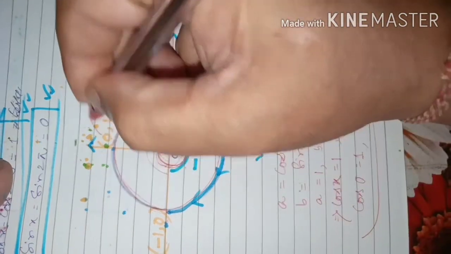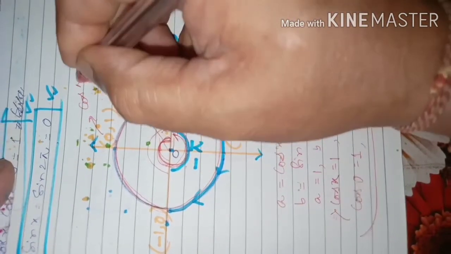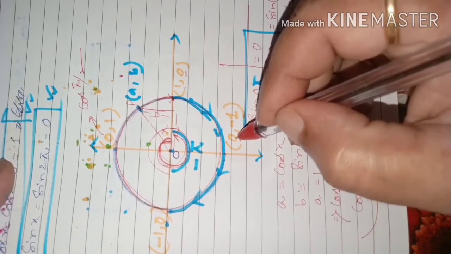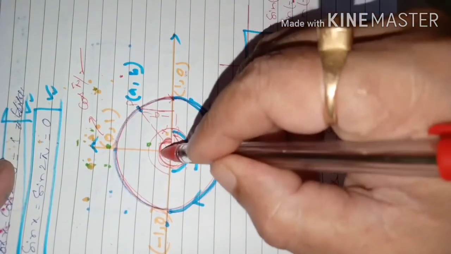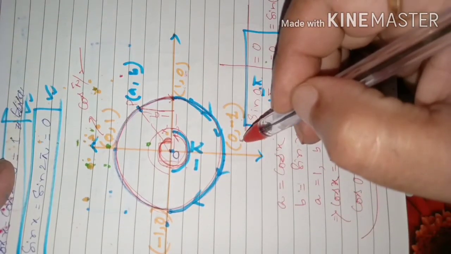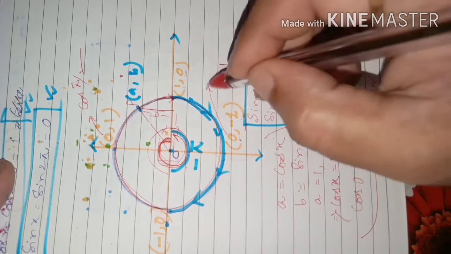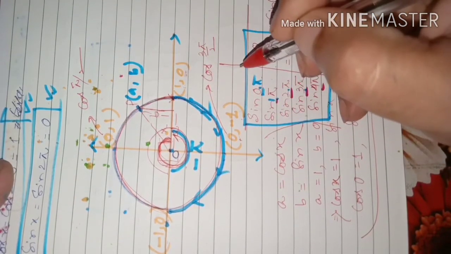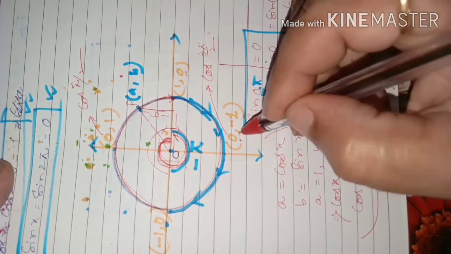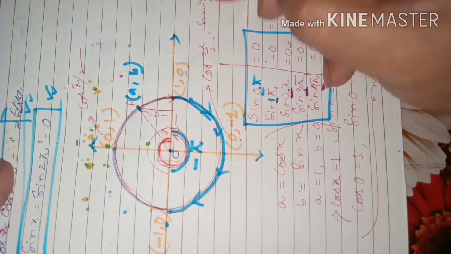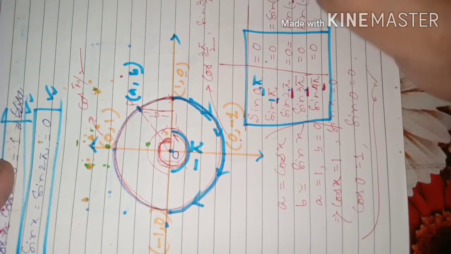So cos pi/2 is 0. Again cos is 0 here for 3 pi/2. For cos 3 pi/2 it is 0. Oh, sorry, sin 3 pi/2 is minus 1.